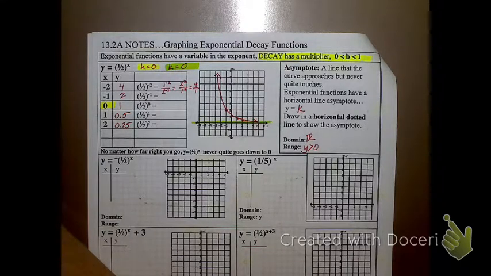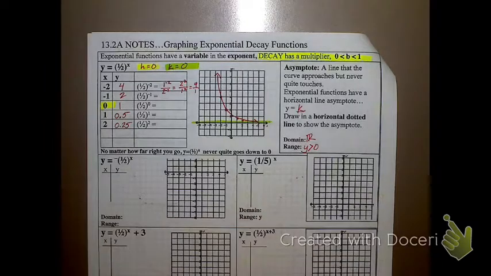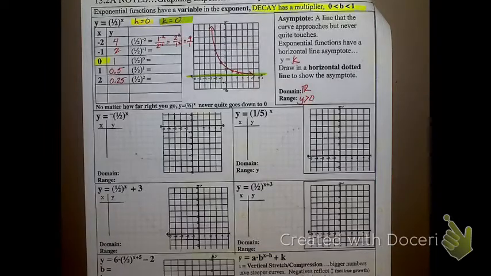And inevitably, there's always one that has a fraction like 5 halves, where it's trying to catch those people who look at a fraction and say decay, even though it's a fraction with a value greater than 1. All right? Questions about that?